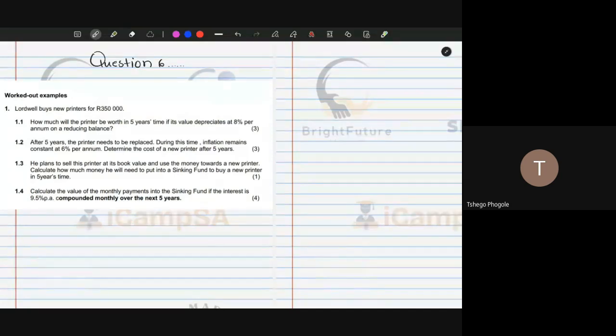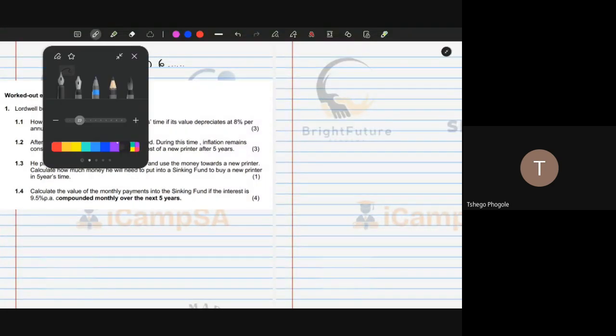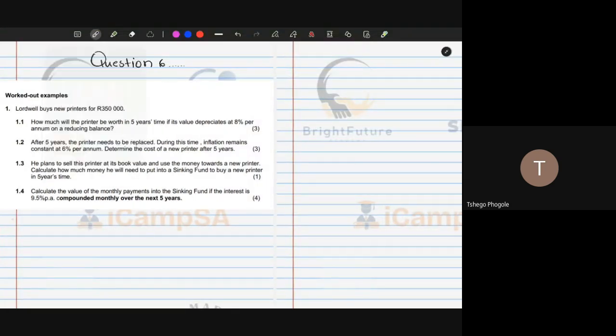How much will the printer be worth in 5 years' time if its value depreciates at 8% per annum on a reducing balance? So let's go ahead, guys, and look at 1.1.